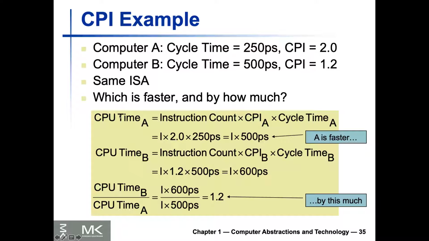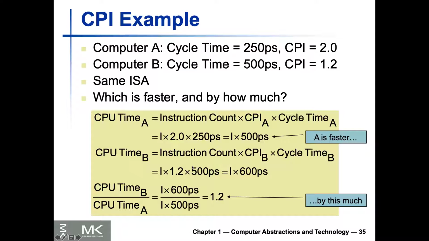In order to compute that, we need to compute the CPU time for A and CPU time for B. So CPU time, as you recall from the previous slide, was the multiplication of instruction count for the overall instruction, which we don't need because it's going to be the same for both.